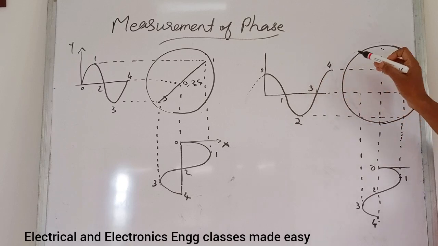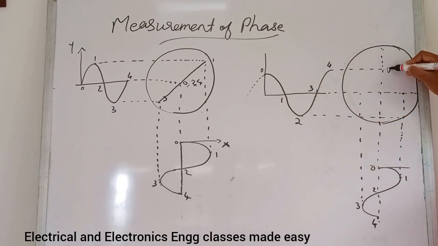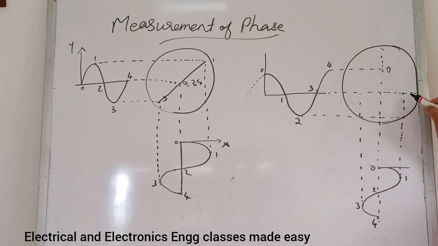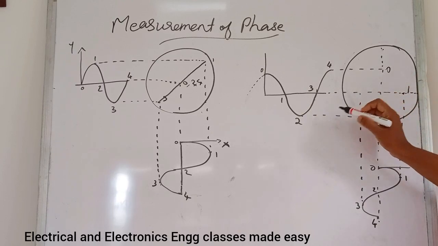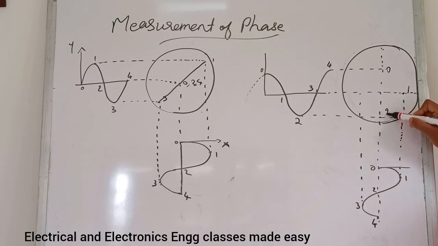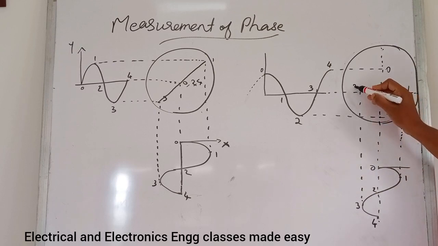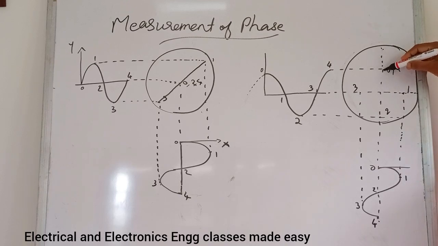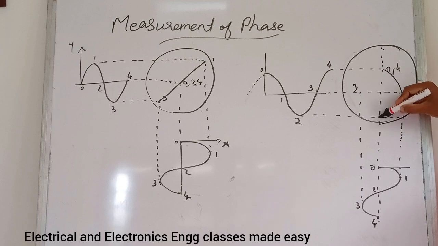So this is the point 0, then 1, so 1, then 2, so in clockwise direction 2, then 2 here, then 3, so 3 here, then 4, so 4 also here. So while combining these points, we will get a circle.